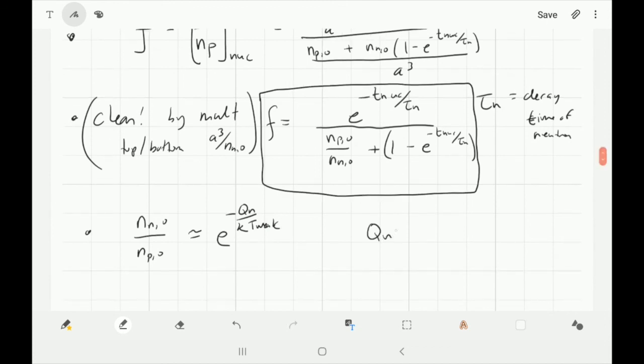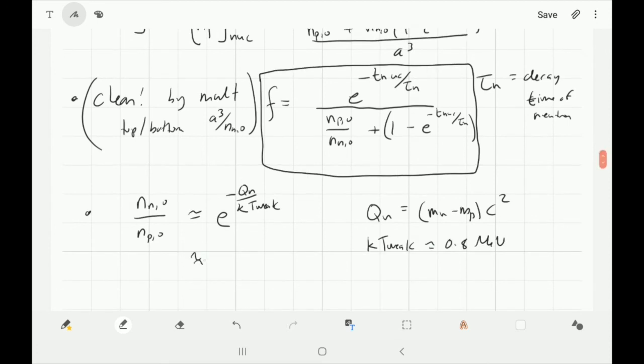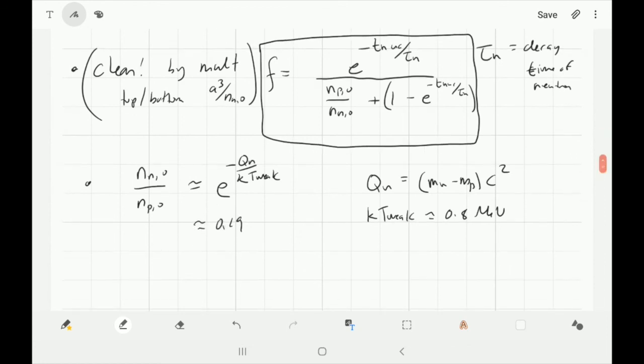As a reminder, Qn is simply the mass difference, actually the rest energy difference, if you want to say it that way, between the neutron and proton, and kT weak is approximately 0.8 MeV. That works out to be approximately 0.19, or basically 0.2. And when you plug that in here, this ratio, that's the opposite of that. This is approximately 5. And there you go. What we've just done is we have sort of reestablished Ryden equation 9.32 in slightly more generality.